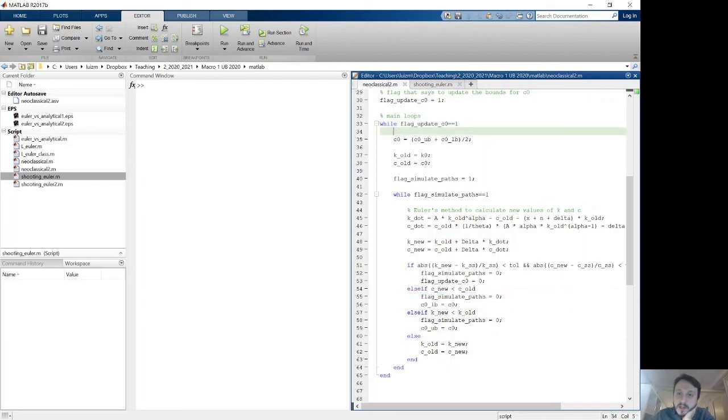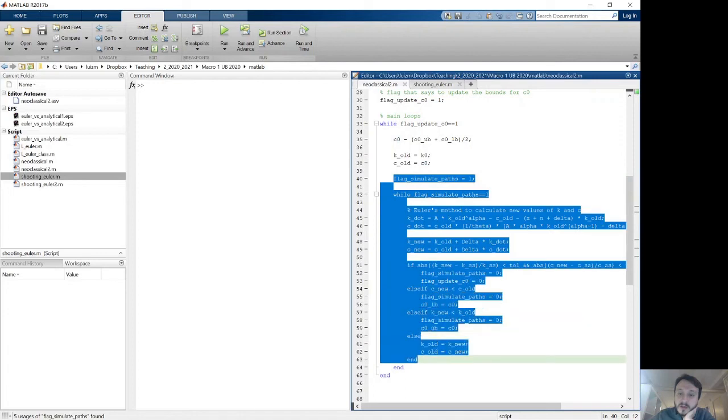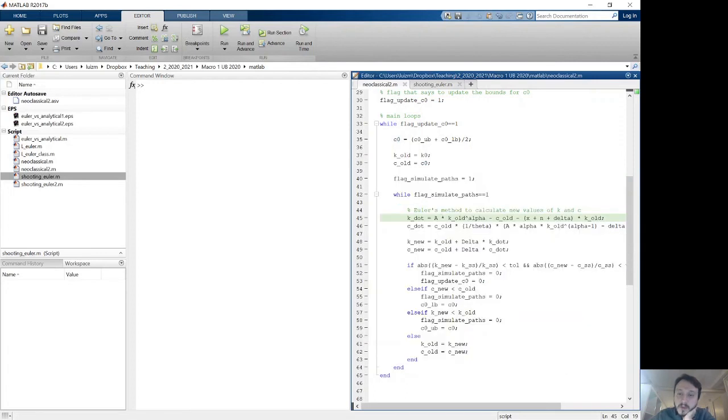So when MATLAB arrives here, it would say, okay, I should keep doing what I'm supposed to do here, and then MATLAB will update C0, and it will redefine K-ode to be initial capital, and it will redefine C0, C-ode to be the new guess of initial consumption, and then it will start simulating the paths of capital and consumption again using the Euler's method, and then we'll go everything again here.